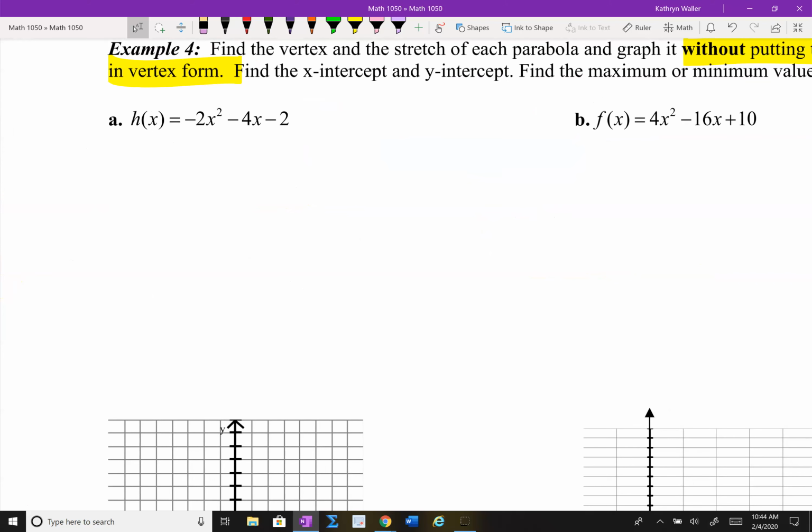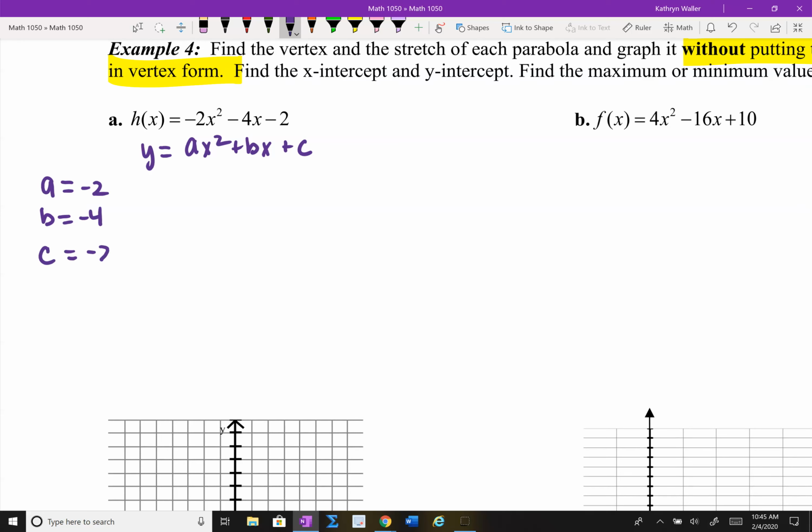Here's your parabola. Without putting it in vertex form, everybody write down y equals ax squared plus bx plus c. So your a is in front of the x to the second, it's a -2. Your b is in front of the x, it's a -4.